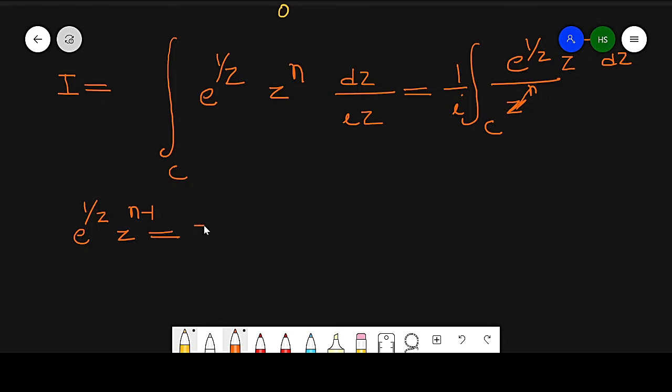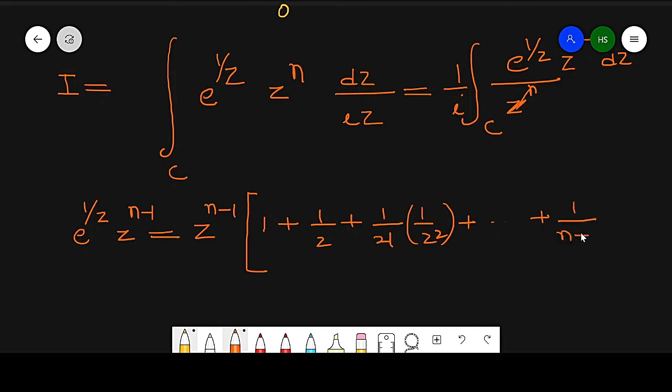By series expansion, the exponential is 1 plus 1 by z plus 1 by 2 factorial 1 by z square, and so on, up to 1 by n plus 1 factorial 1 by z raised to power n plus 1, and the previous term is 1 by n factorial 1 by z raised to power n, and so on up to infinity.